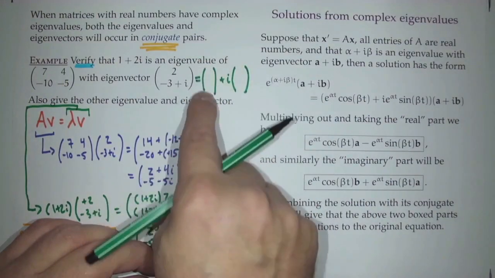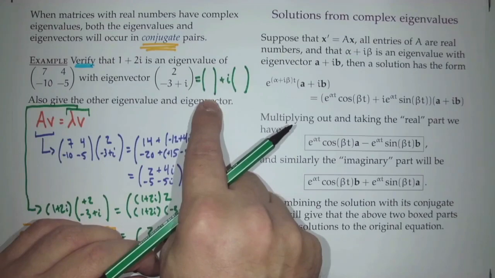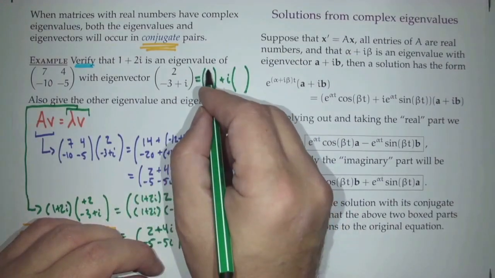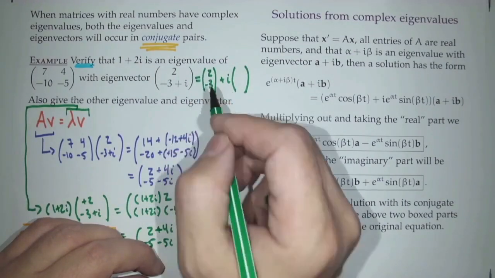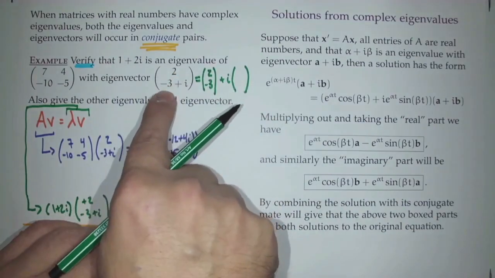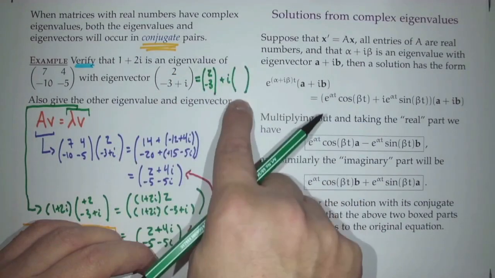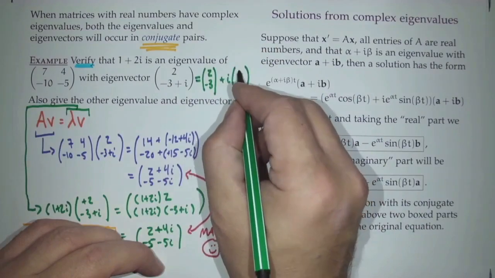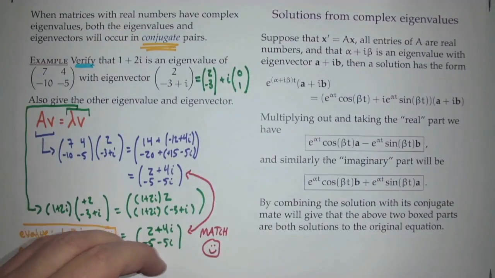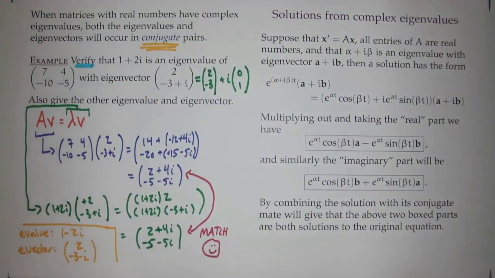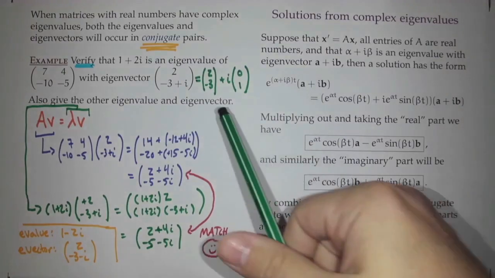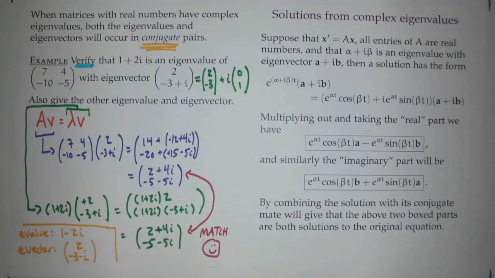What would be the real part? What's the vector there? 2, negative 3. Right, because that's the real part. What's this vector? 0, 1. So if I have an eigenvector, or really any vector at all with complex entries, I can always pull that vector into two parts: the real part of it and the imaginary part of it.